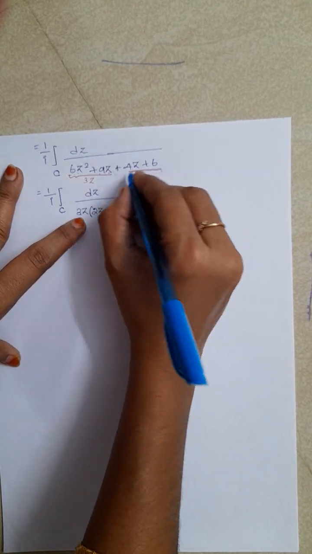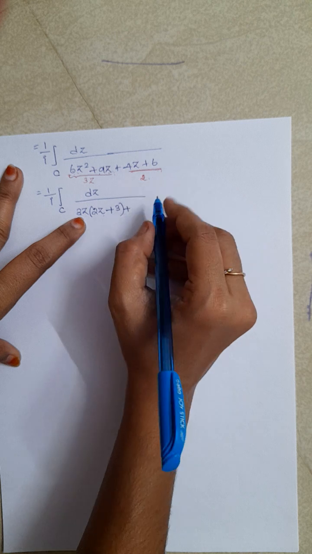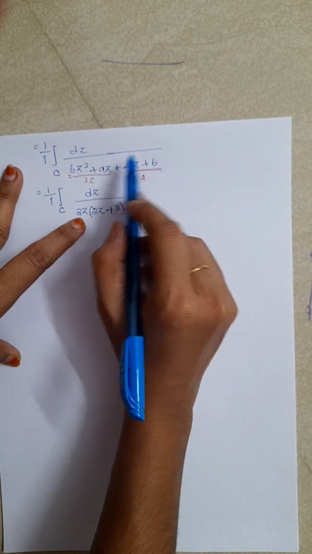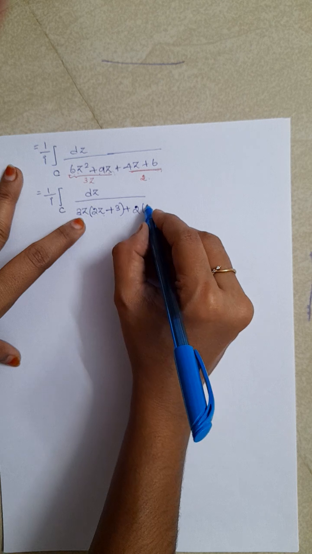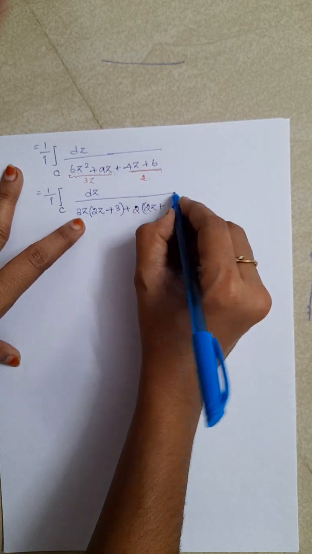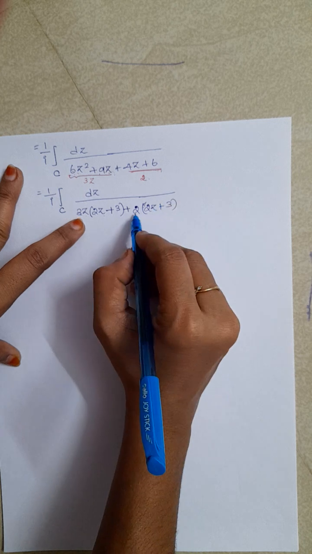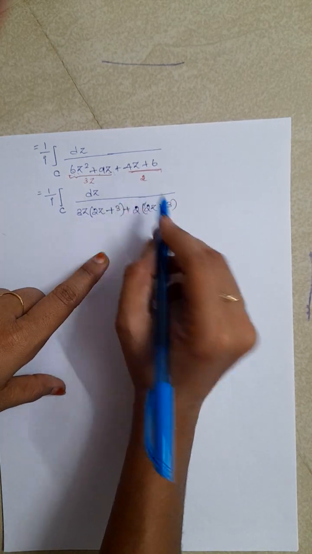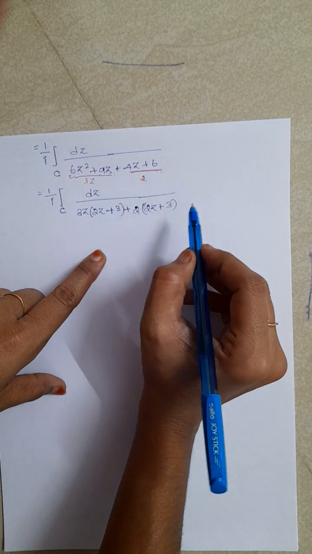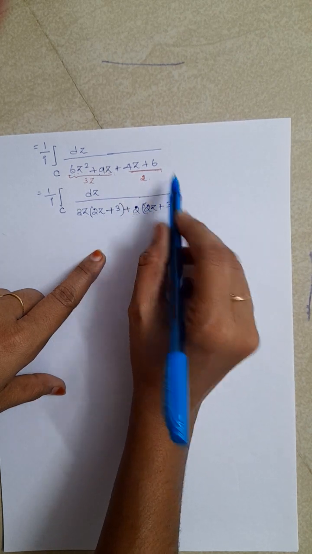Plus in these two terms the common value is 2. So 2 into 2z plus 3. Here 2 into 2z is 4z, plus 2 into 3 is 6.